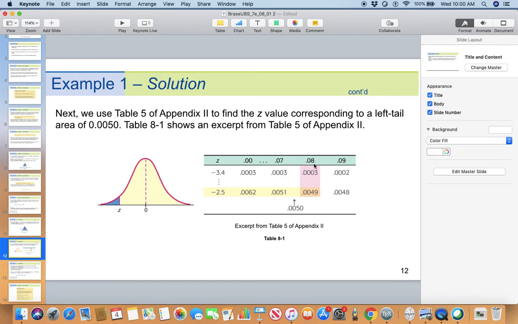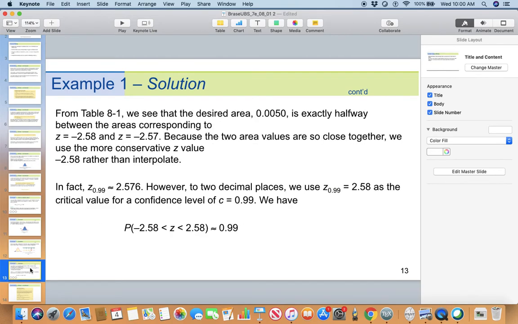They are choosing something farther because if your Z is farther to the left, then you will get more area in between, since this negative value will be farther and its symmetric value will also be farther. So you're guaranteed to get 99% here. That's a subtle point. If I use the table, we get negative 2.575, but they are taking a rather conservative estimate.